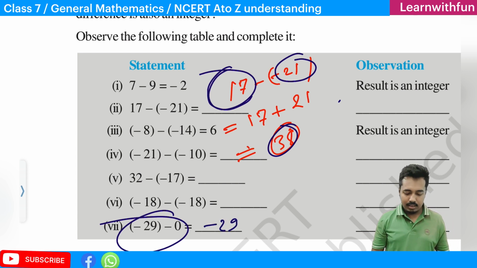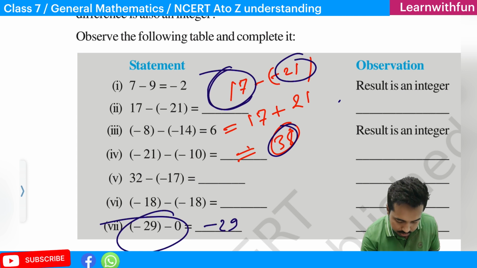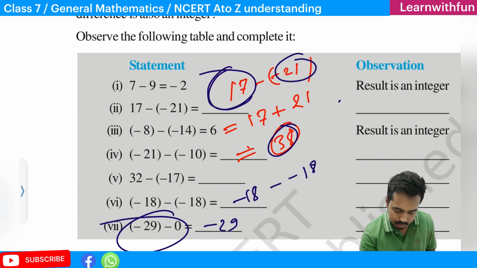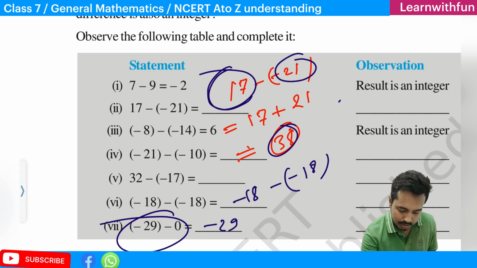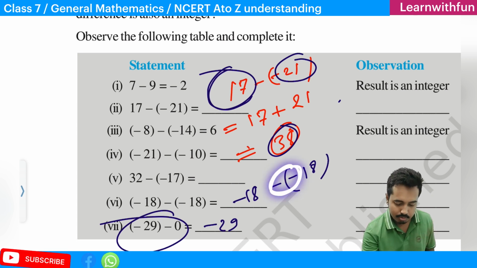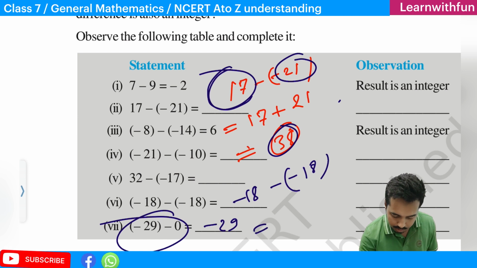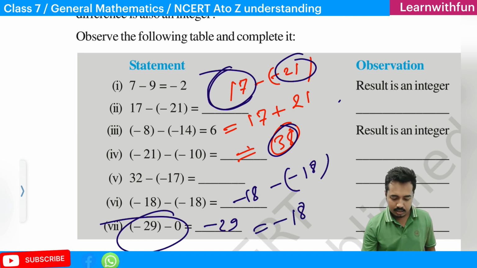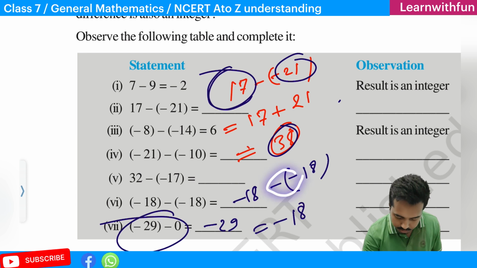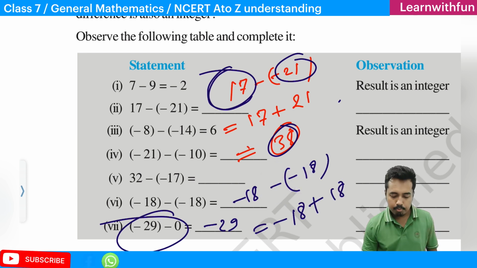In case of minus 18 minus minus 18, you will have to combine this minus and minus, then you will get first of all minus 18, then these minuses will combine to form plus, so there will be a plus 18.